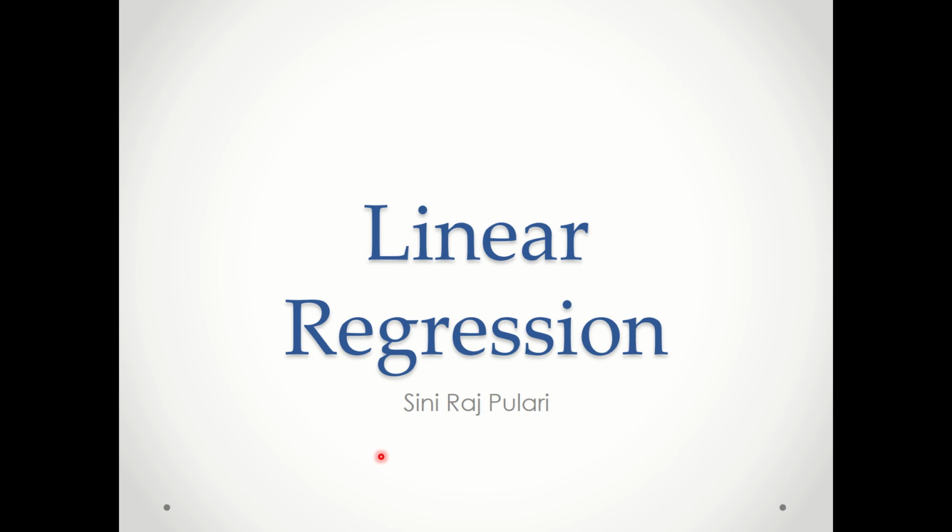That line is taken as the best fitting line. You should also make sure that the line passes through the centroid, which is nothing but x bar and y bar. Okay, so this is all about linear regression.